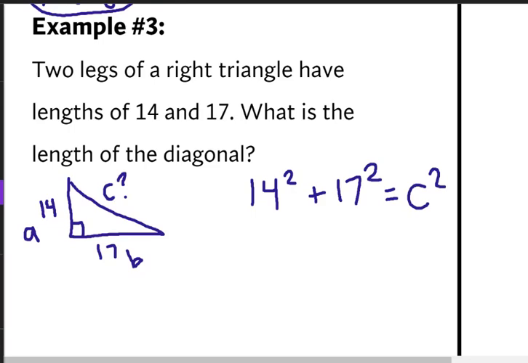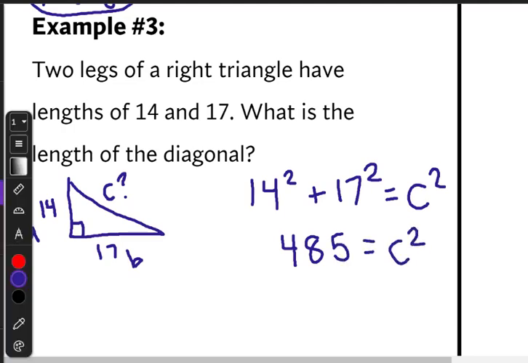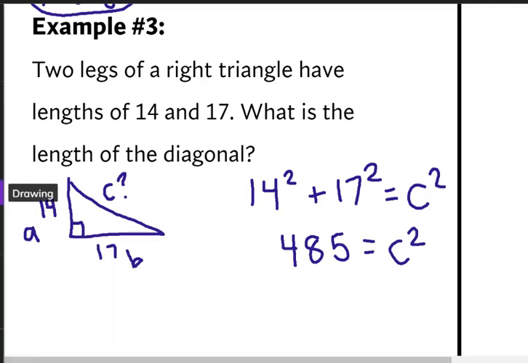Now in my calculator, I'm going to type 14 squared plus 17 squared, and I would get 485 equals C squared. Now how do I undo something that's squared?